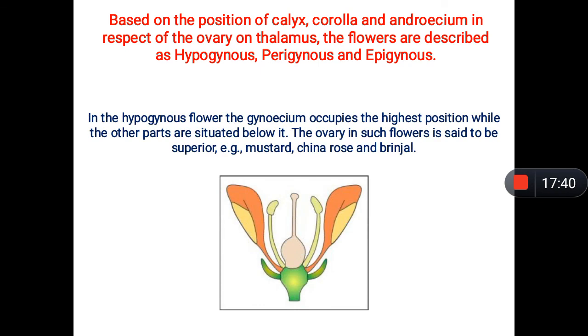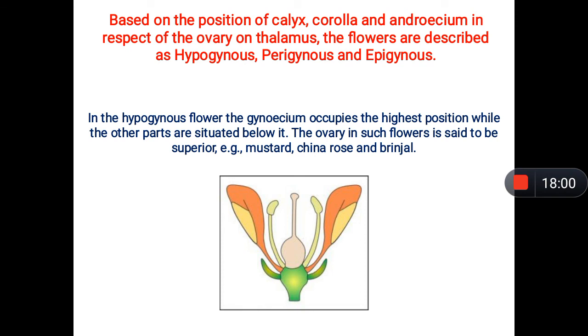Here, in the hypogynous flower, the gynoecium occupies the highest position, while other parts are situated below it. The ovary in such a flower is said to be superior.